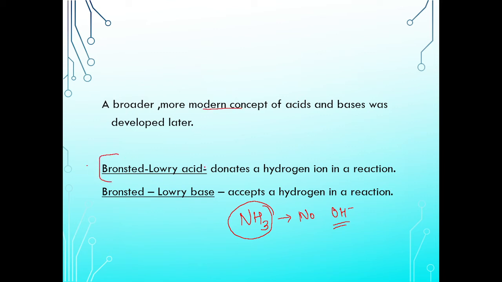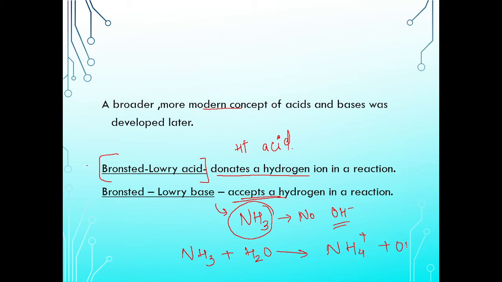It is given by Bronsted Lowry, and he says that the donor of H plus ion is your acid, and the acceptor of this H plus ion is your base, right? For example, when NH3 is dissolved in water, it will form NH4 plus, and OH minus is released from the water.